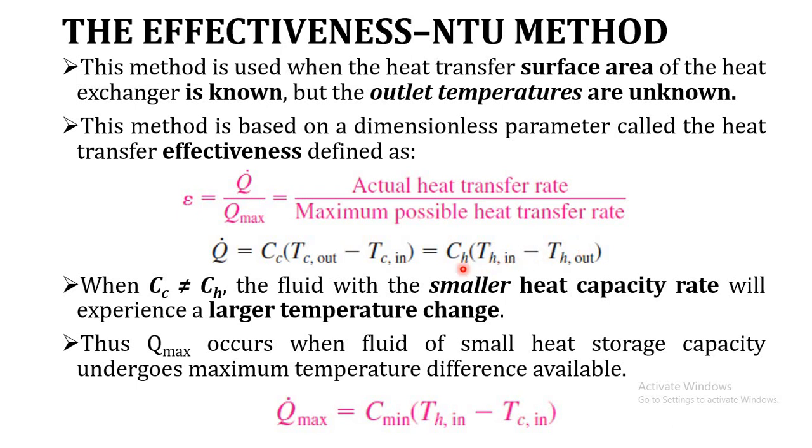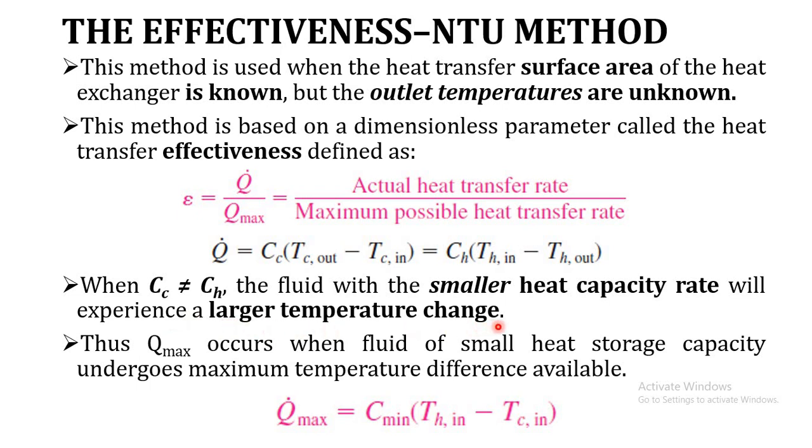In the other case, if Ch is less than Cc, that is Ch is the minimum, then this term will be higher than that term. So it is clear that the fluid with the smaller heat capacity rate will experience the larger temperature change.